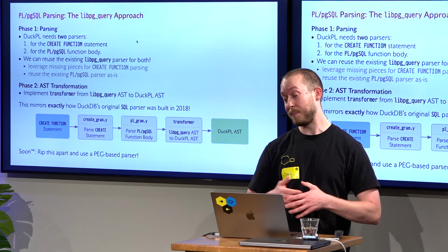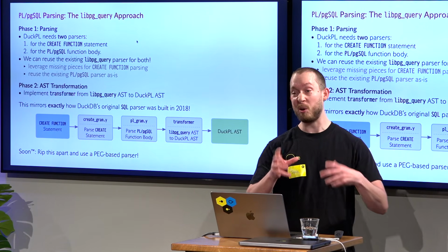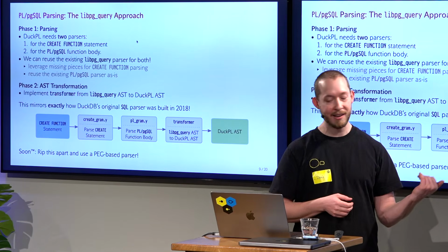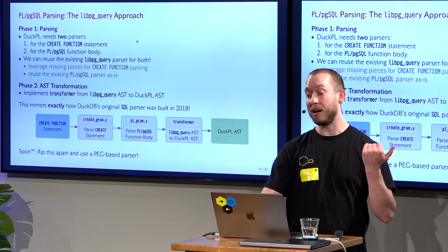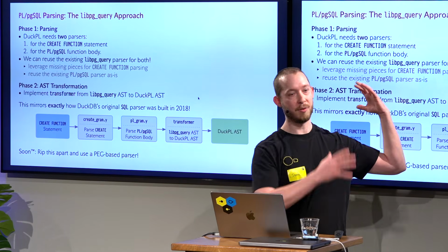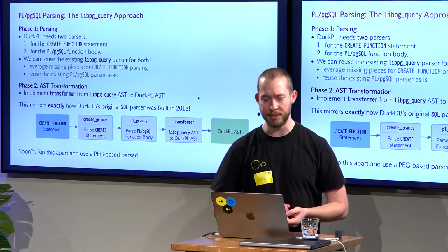But in the second part, we need to get rid, essentially, of these Postgres data structures we have inherited by using a transformer, meaning that we transform this Postgres abstract syntax tree into our own representation.